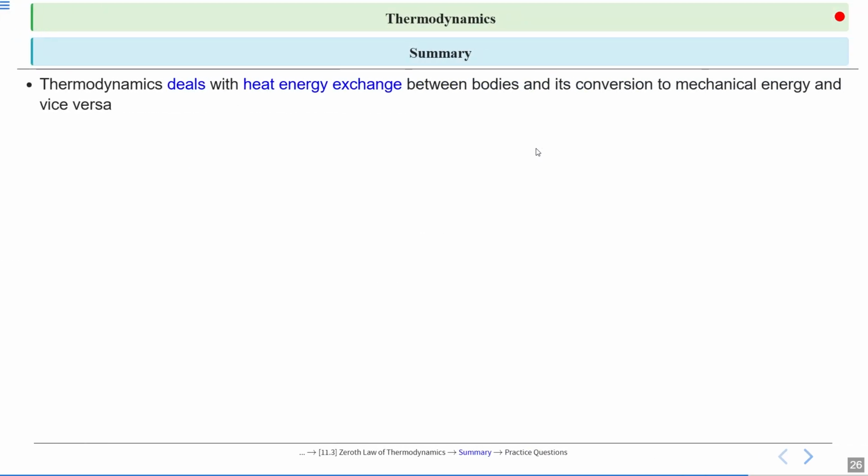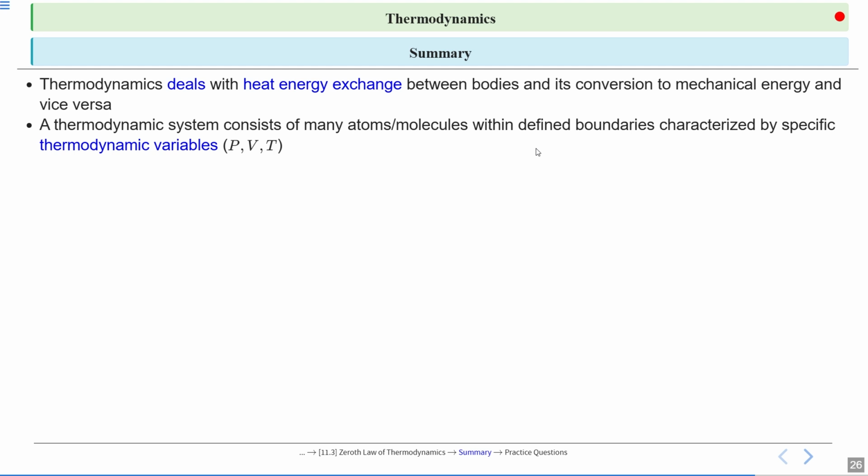Summary. Thermodynamics deals with heat energy exchange between bodies and its conversion to mechanical energy and vice versa. So we can say in simple words, energy is exchanged between system and surroundings.